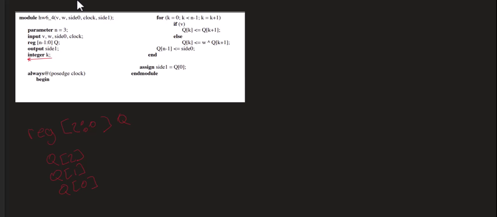When we start, k equals 0. If v equals 1, then q of 0 becomes equal to q of 1.